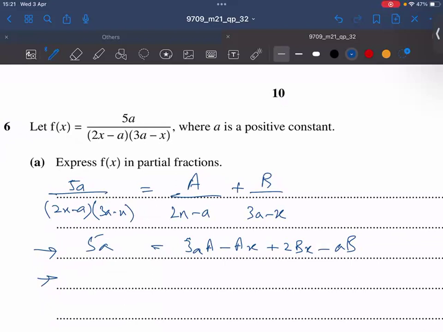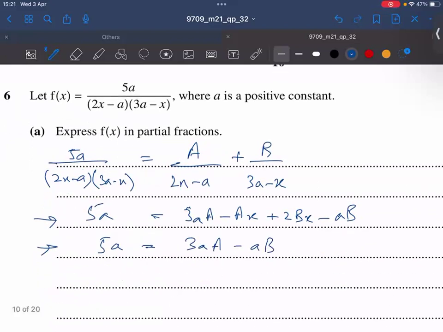On the left you have this constant term 5a, and on the right you have these two constant terms, 3a times a minus ab. This is one equation. On the left you don't have any term in x. On the right you have two terms in x, that is minus a plus 2b.